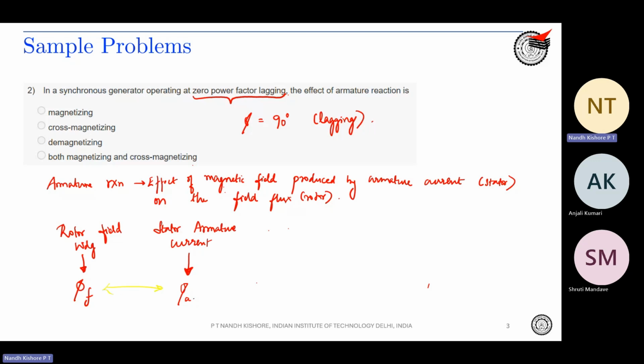When the current is flowing through the armature, it creates its own magnetic field and this interacts with phi F. Therefore, it would modify your effective phi F.